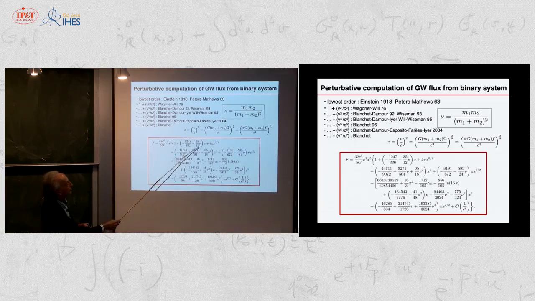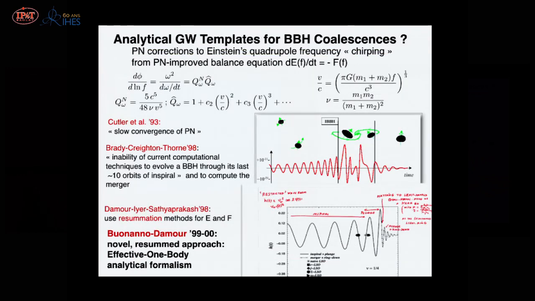And then this is a v squared over c squared correction, a v cubed over c cubed, a v^4 over c^4, up to v^7 over c^7. So you get corrections to this. But again, this is absolutely necessary, but not sufficient, because near coalescence, each term in this expansion is comparable to the previous one, because this is where something happens. So you want to have this, but you want to do something more.